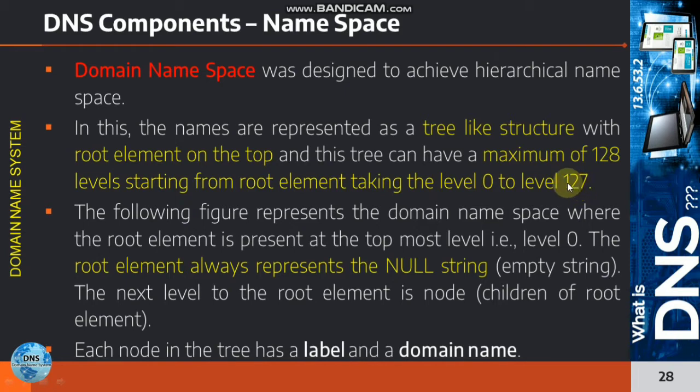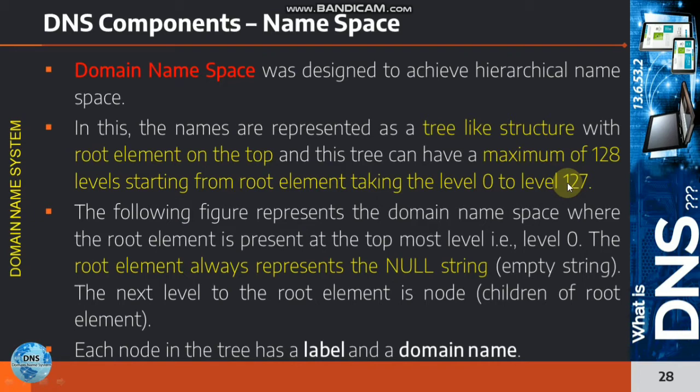If you see in your textbook on page number 174, or the diagram given next to the domain namespace paragraph, you can clearly understand what a root node or root level is, and how the child has been derived from the parent node.